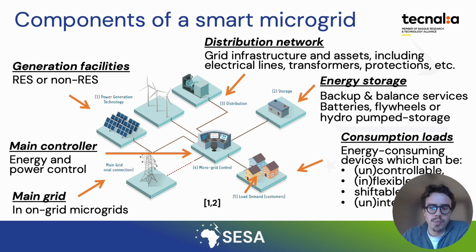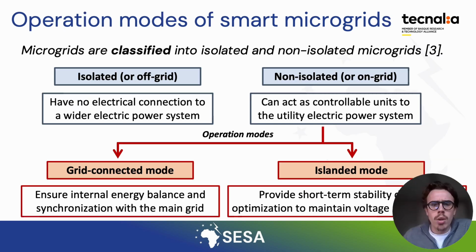Last but not least, we can find the distribution network, which is the group of grid infrastructure and assets where the microgrid is connected. Then, at the core of all this, we can find the main controller or the microgrid controller, which is in charge of managing and controlling the energy and information flows coming to and from the microgrid and going to the power system.